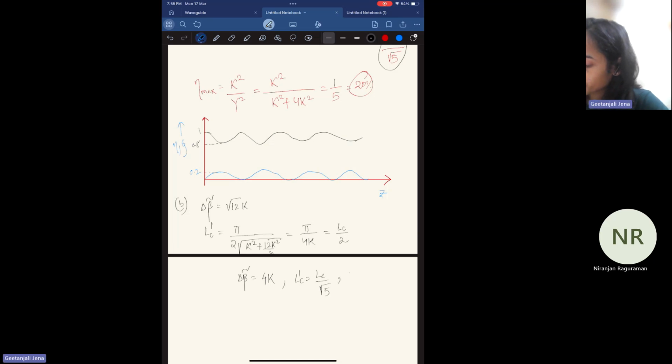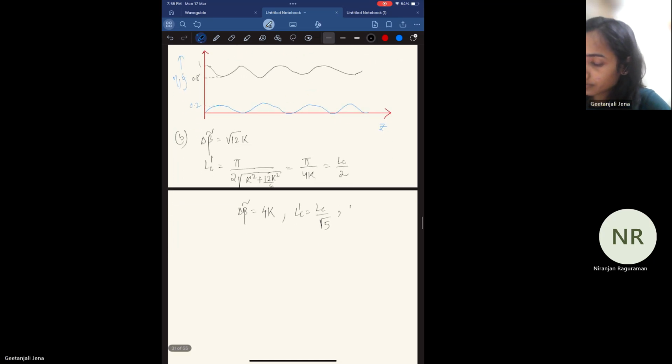But for delta beta tilde, it is root over of 12k, LC prime is LC by 2.